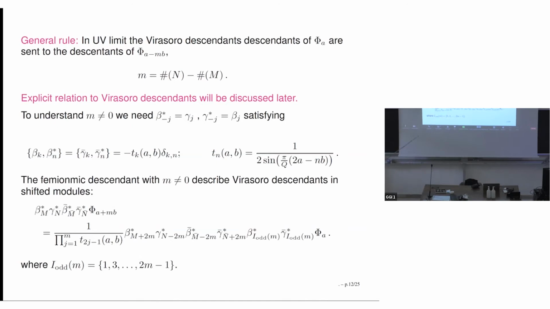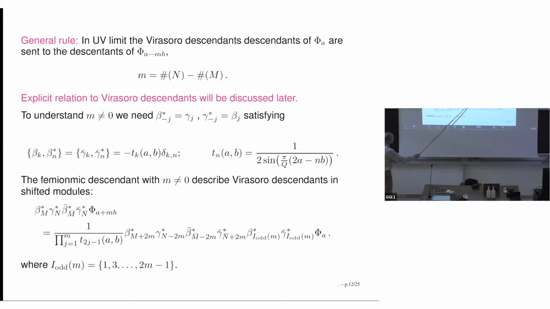So, now how does this happen? I have a formula. First of all, these guys with negative indices are of course annihilation operators, and so these are commutation relations.